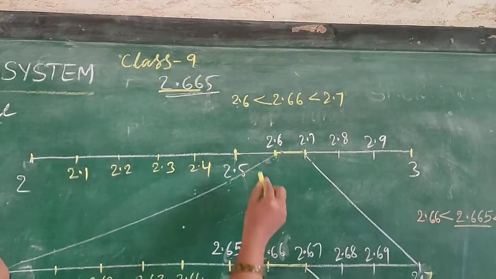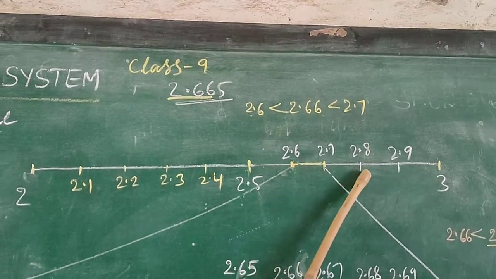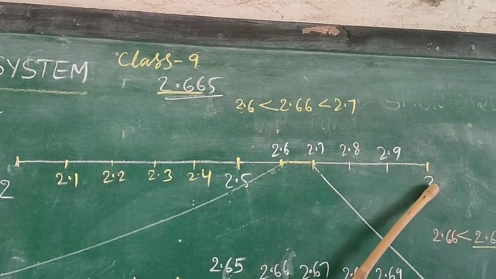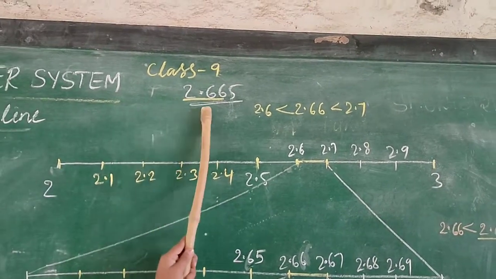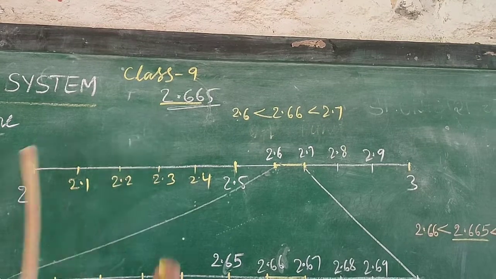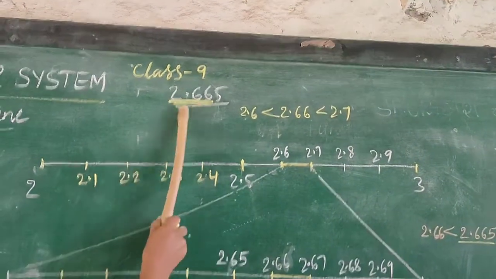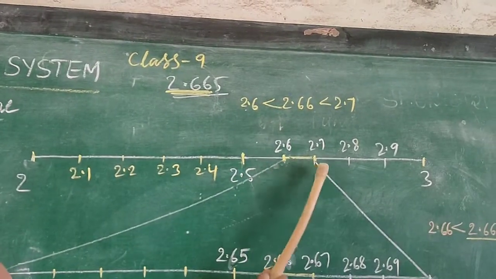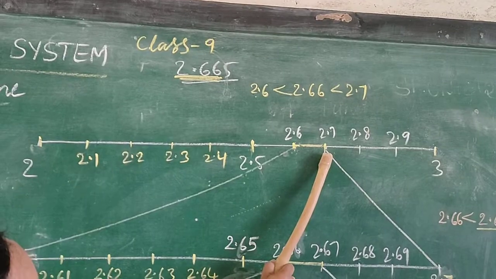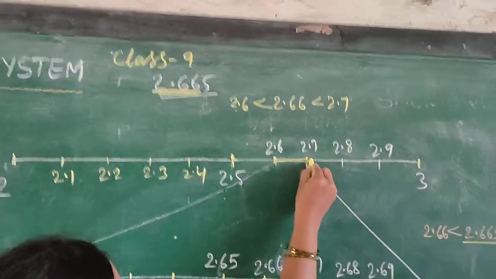So next you write 2.6, 2.7, 2.8, 2.9, 3. So now our exact portion is what? The next portion is what? 2.66. This 2.66 is greater than 2.6 and less than 2.7. That's why now you can imagine to magnify this portion.